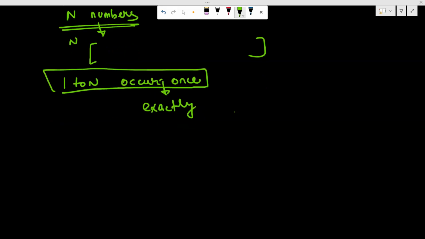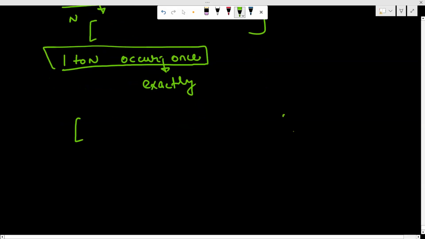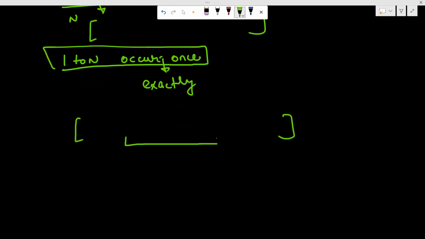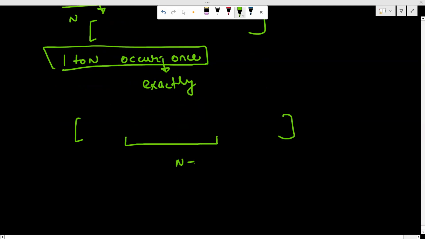Now the question is that you have to build a permutation of n numbers such that if you consider any subarray and take the sum of its elements, then that sum should not be divisible by n plus 1.